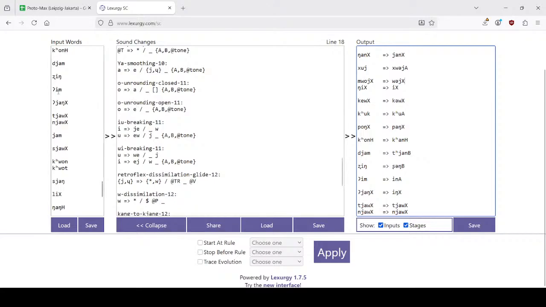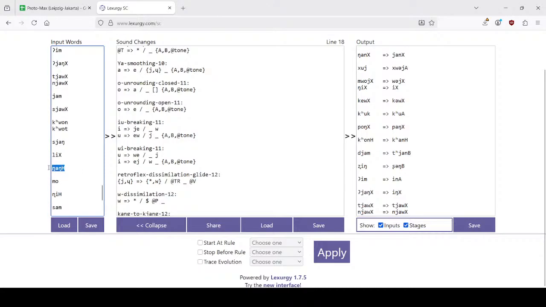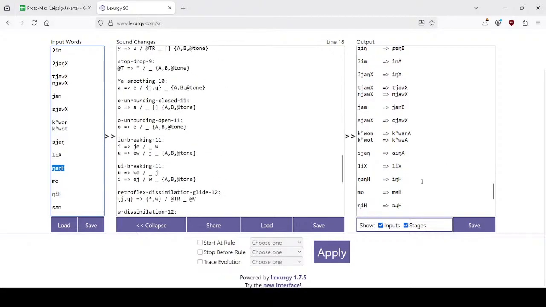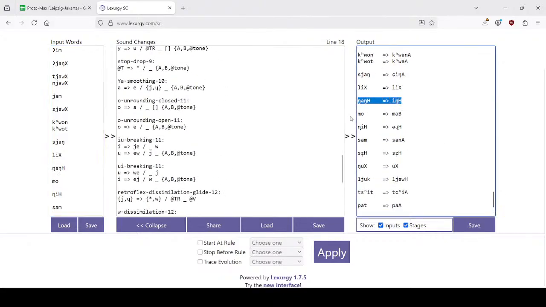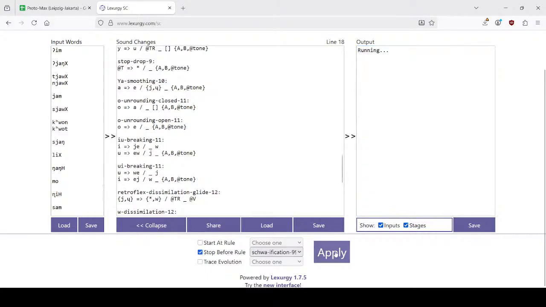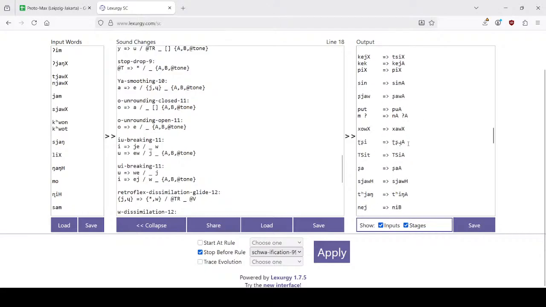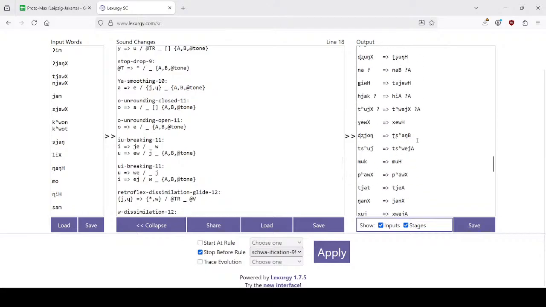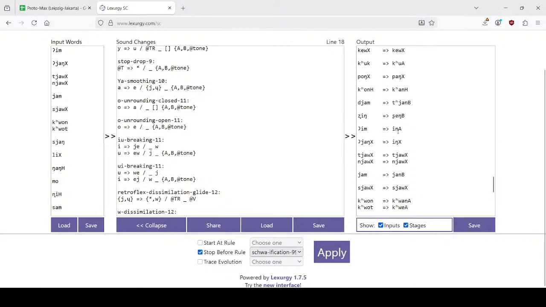But yeah, I think last time we were messing around with ngang, and then this becomes ying, which is correct. Let's just stop this before rule 99 so it's less unwieldy, I guess.